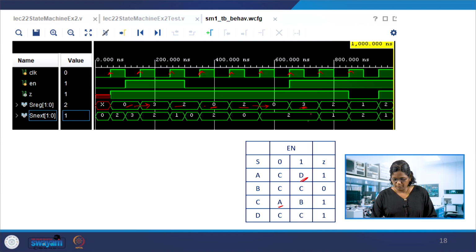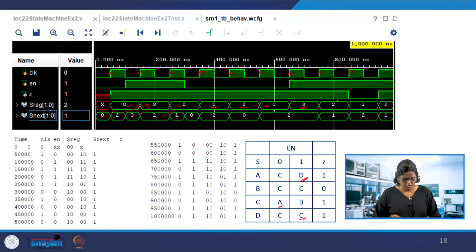From that D enable is 1 again here, so it moves to C, and so on. So the next state can also be observed, how it is getting transferred with respect to the clock.